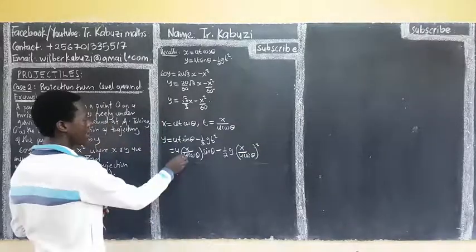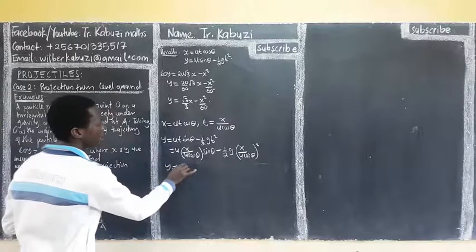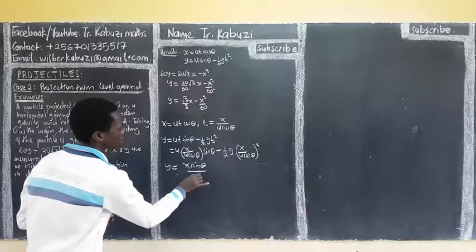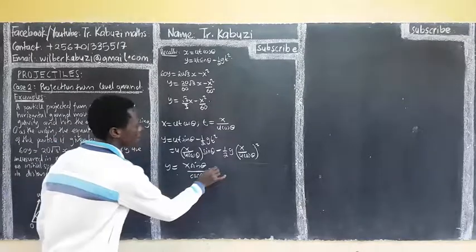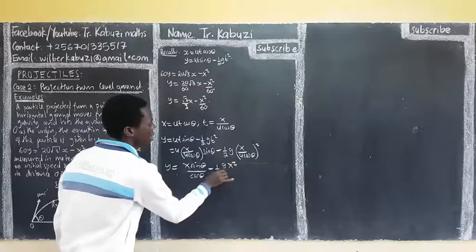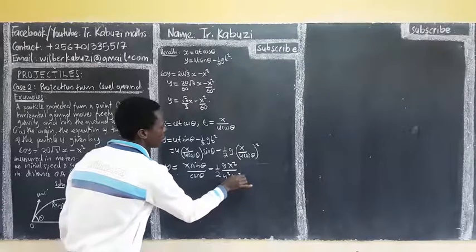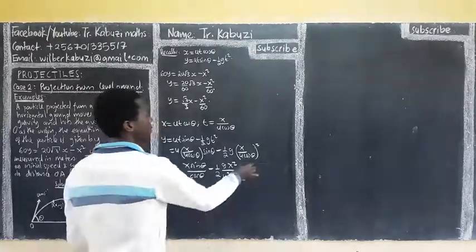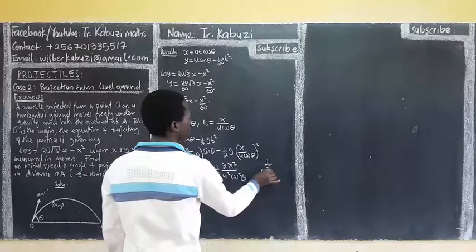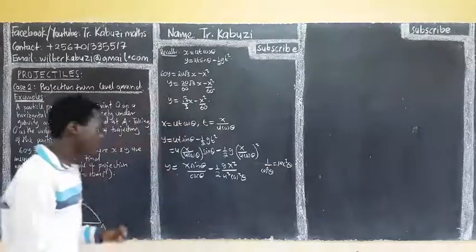Let's simplify and see. So this u is going to go with this. So my y here is going to be x sin theta over cos theta, then minus a half g, this is going to be x squared over u squared, and the square is on the cos squared theta. And note that 1 over cos squared theta is the same as sec squared theta from trig.